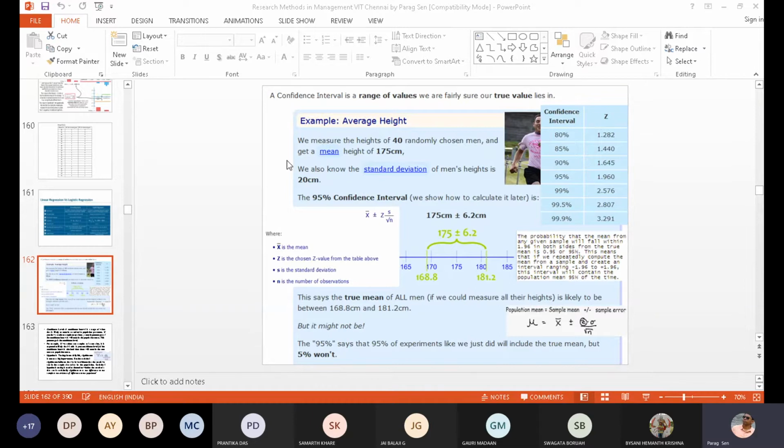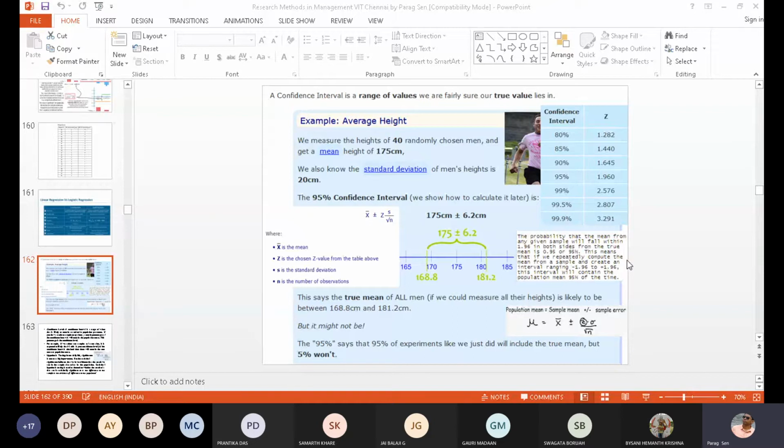So what does it mean? In case of 95%, it means the probability that the mean from any given sample will fall within 1.96 on both sides of the true mean. Consider the confidence level is 0.95 or 95%.